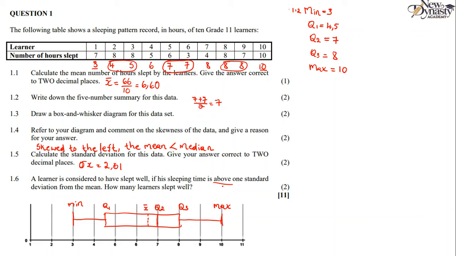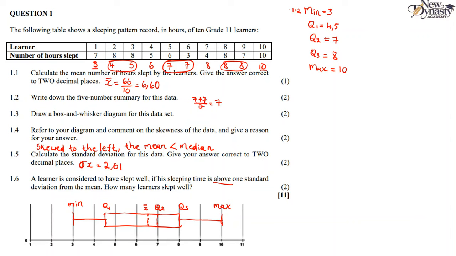Remember, we can subtract the standard deviation from the mean. We can also add the standard deviation. So in this case, it says one standard deviation, so we are going to say that the mean plus one standard deviation.